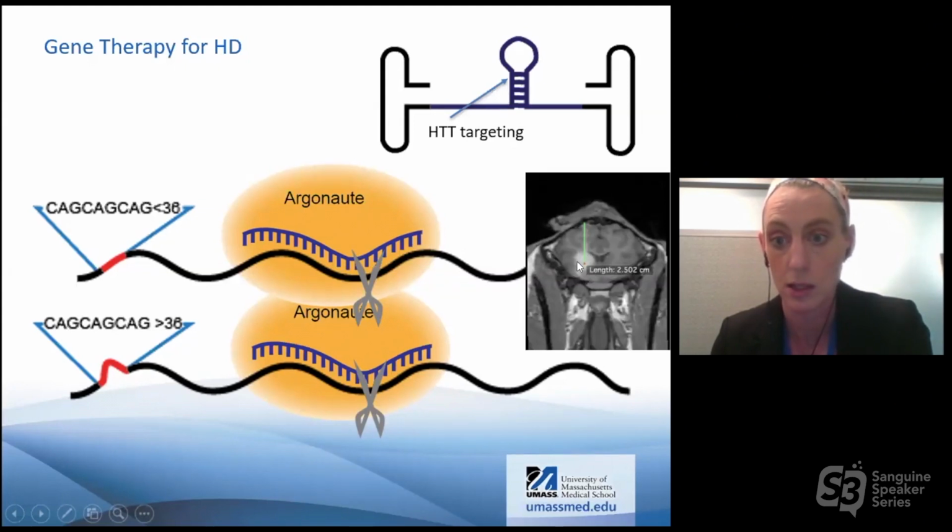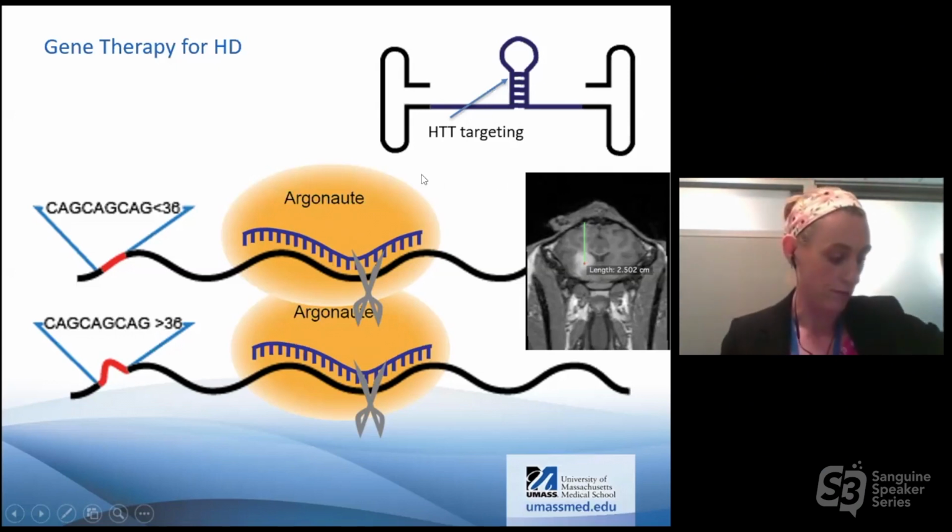You can see this bright part is where the AAV is in the sheep. So you can see that it's a very limited distribution. So we have to think about how much therapeutic benefit that limited distribution is going to have. And the same thing is true of an ASO.